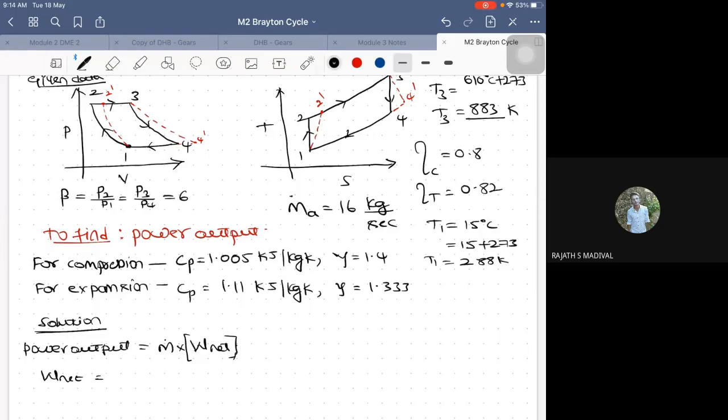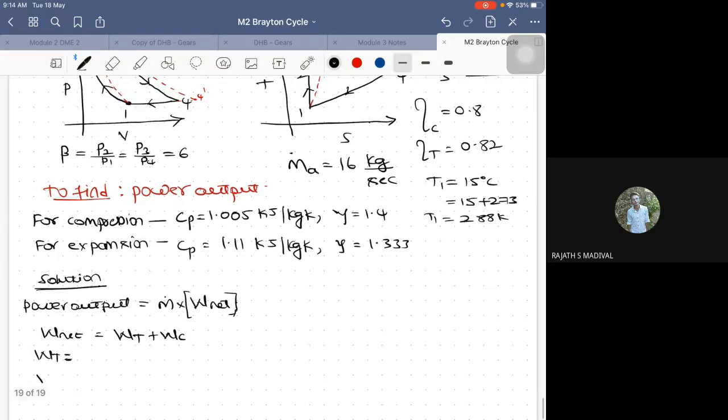Two. What are those? The turbine work as well as the compressor work. I taught you how to calculate the value of turbine work and the compressor work.